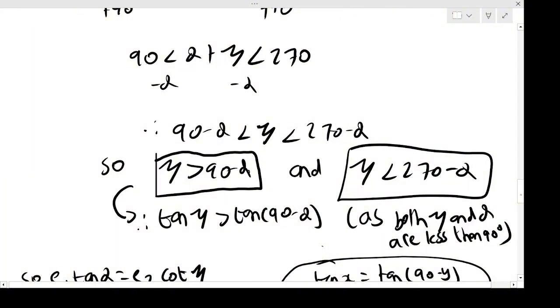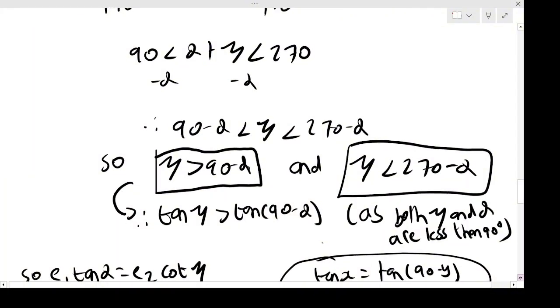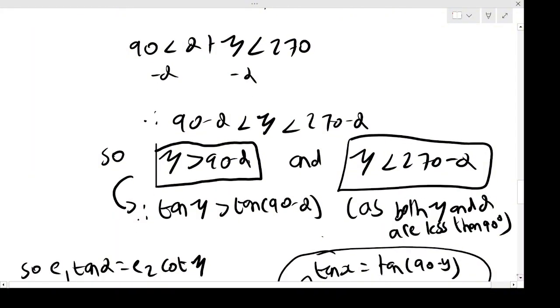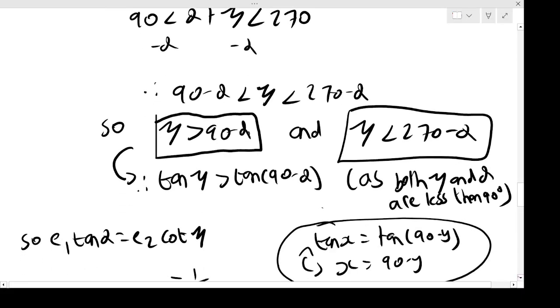So tan of gamma is greater than tan of 90 minus alpha. Now, again, make sure you only do this with tan. If you were to do it with cot instead, and took cot of both sides, which you might think to do because we have cot gamma, that inequality would not be true. Actually, it would be reversed, but it wouldn't work in the way you think it would.